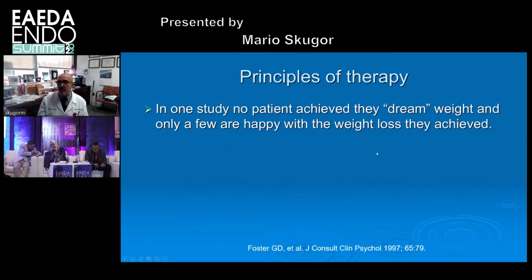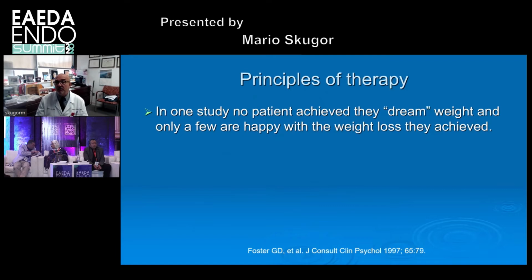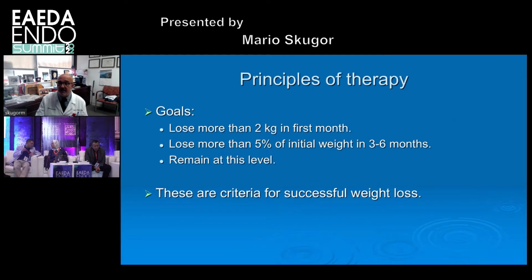One study looking at people who were losing weight found that not one patient achieved the dream weight they were aiming for, and only a few are happy with the weight loss they did achieve in the program. So this is a field of medicine that is kind of thankless. We try to achieve the best results possible, but patients are usually not satisfied.